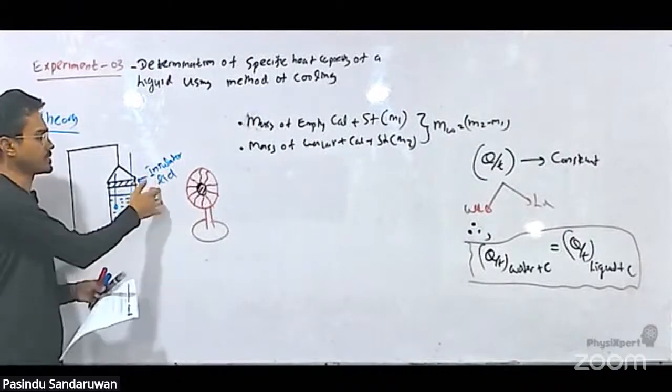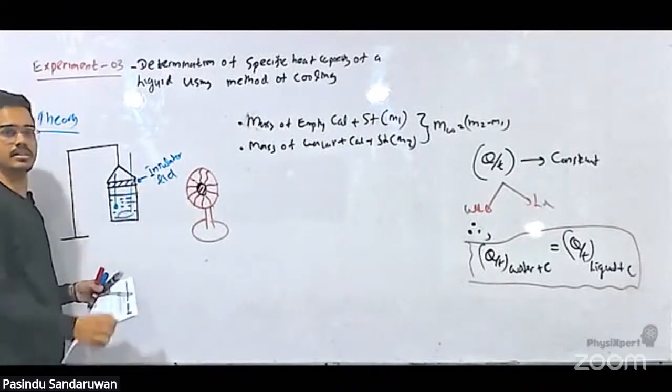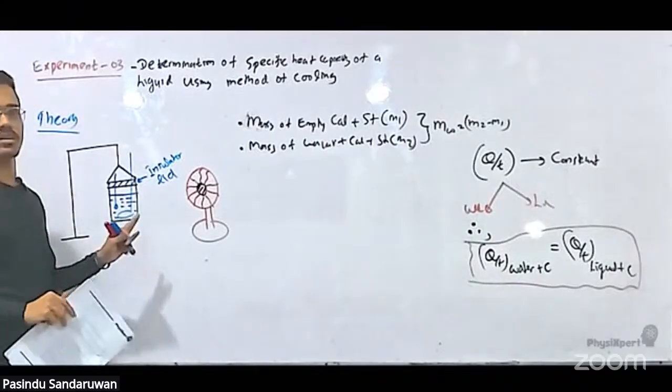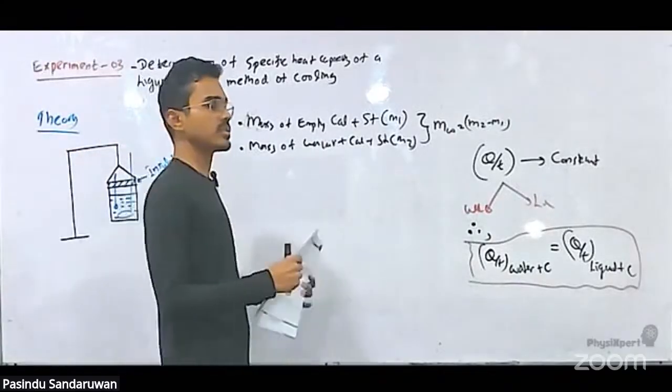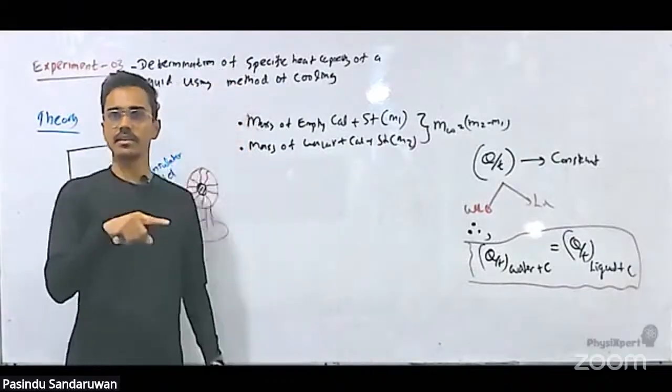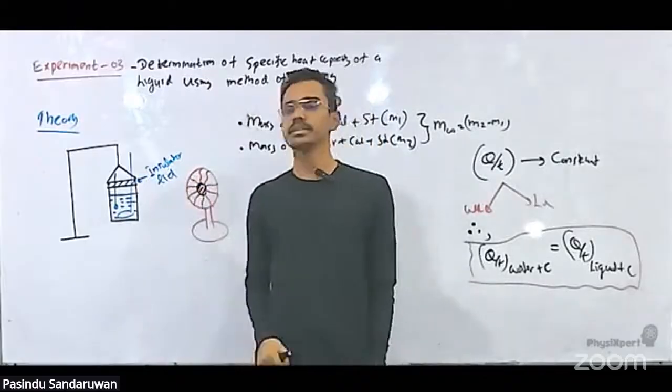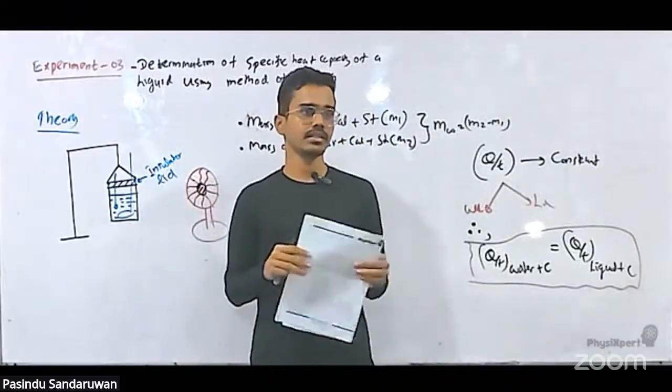Then under this forced convection, we let this cool. For each 30 seconds, you are going to take the reading of the thermometer.